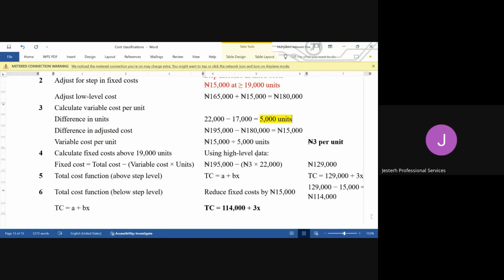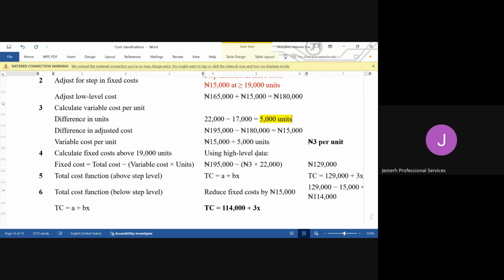Simple. You just say the 195,000, which is the total cost for the high level of activities, minus 3 naira, which is our variable cost per unit, multiplied by the level of activities, which is 22,000. It's going to give us 129,000 naira.